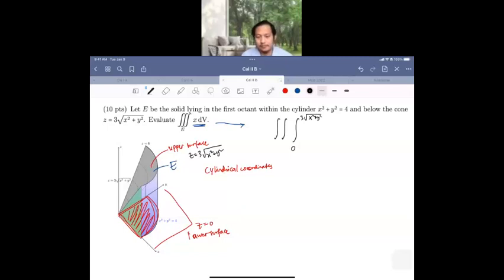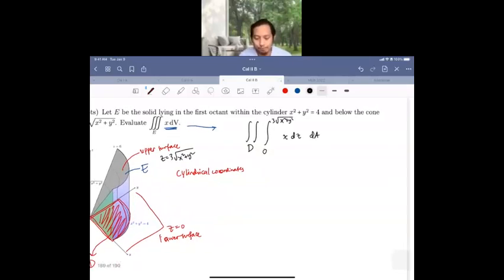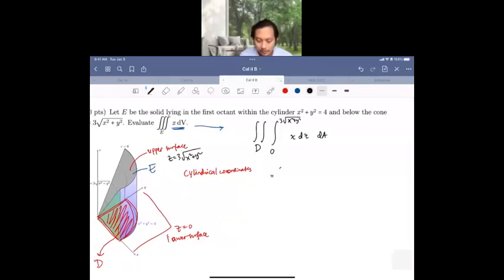This will be x dz, and then dA over D. So let's take the region projected here as D. So solving the first one, this becomes x times 3(x squared plus y squared) dA.